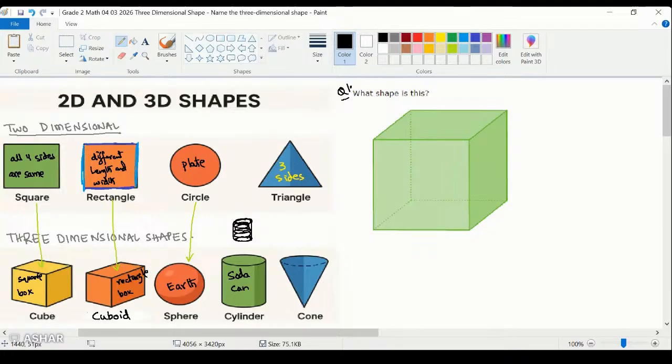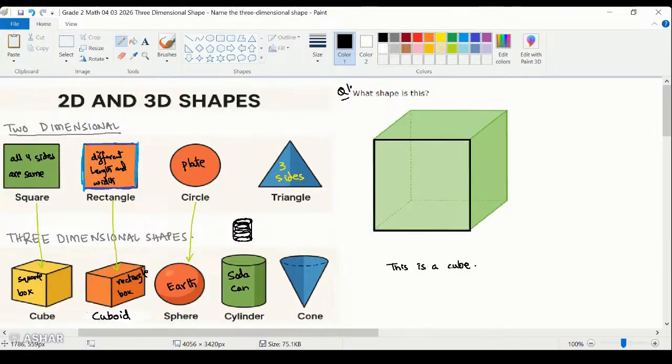But what is important is that the face, the front of the box that we are looking at, looks like a square, right? This front of the box looks like a square. So whenever it is a square box, we call this a cube. Perfect. Thank you, May.